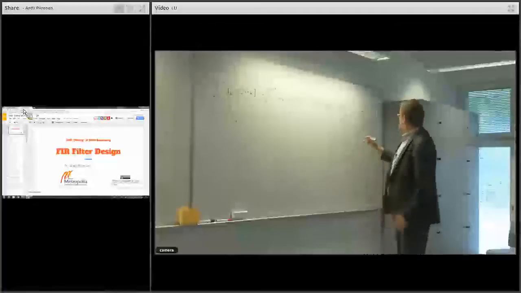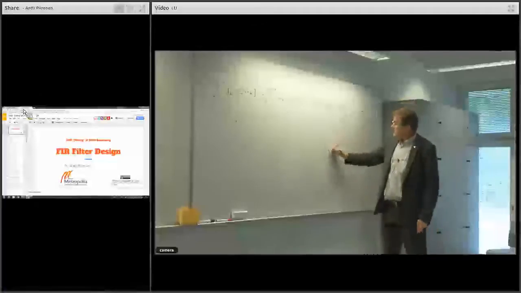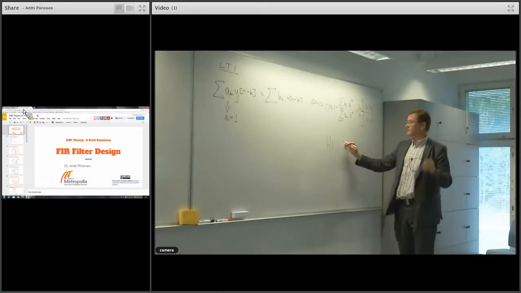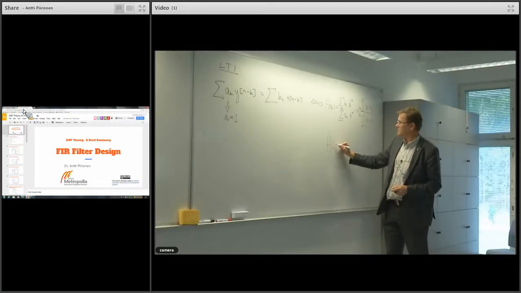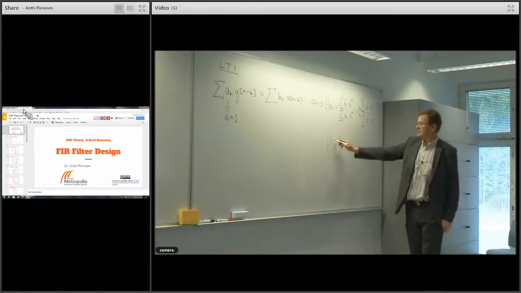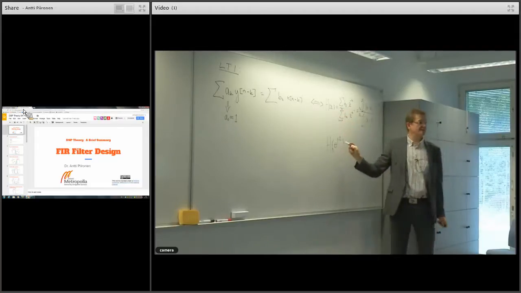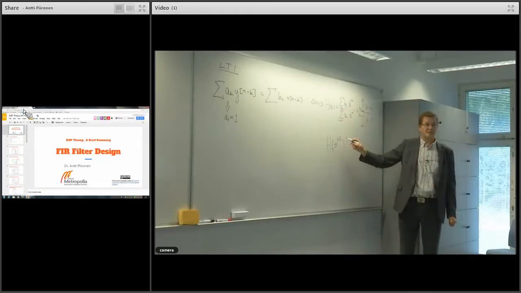Another: this complex frequency response we can calculate by evaluating the transfer function at the unit circle, e to the j times omega.